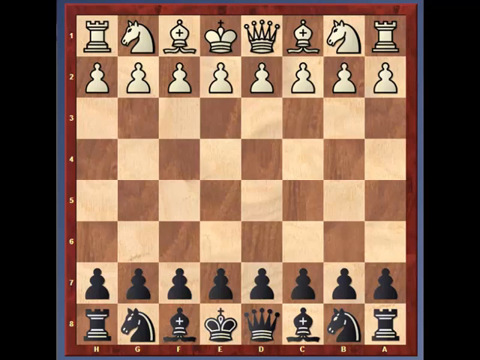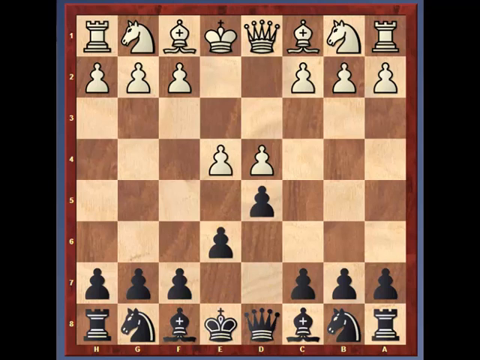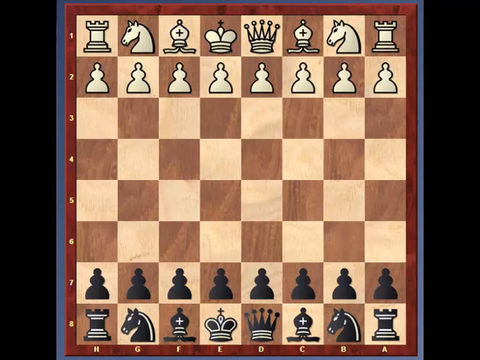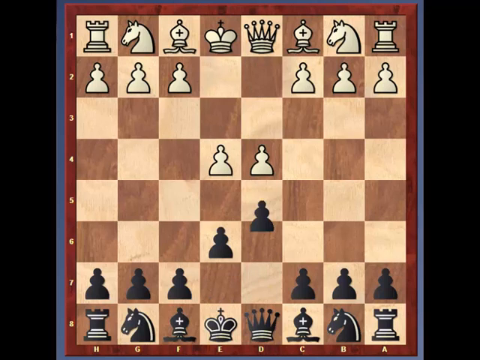This is the Survey of the French. Start with E4. This is the Schlechter variation. The Alpin and the Exchange.